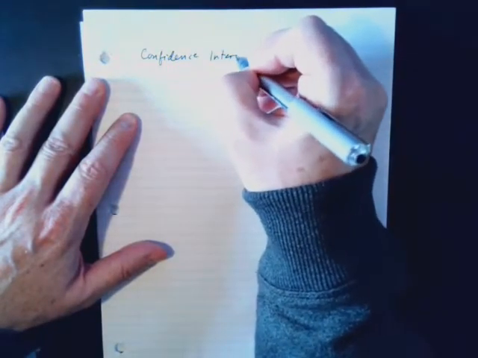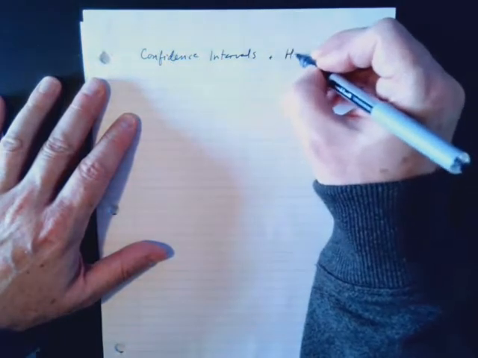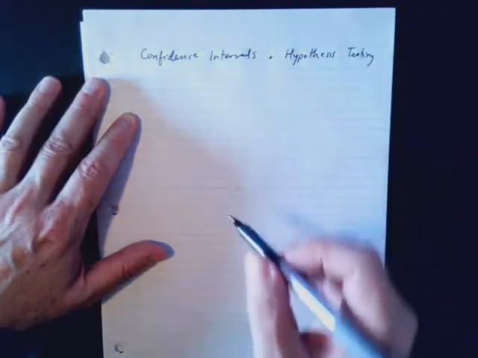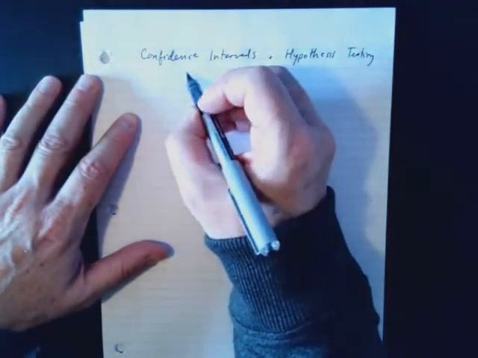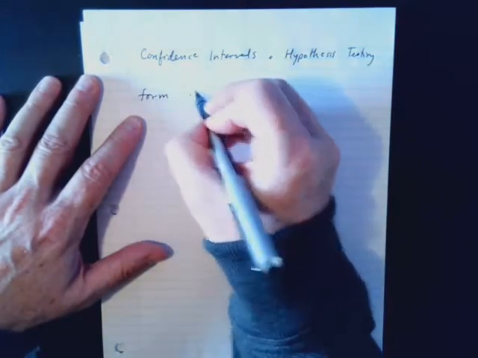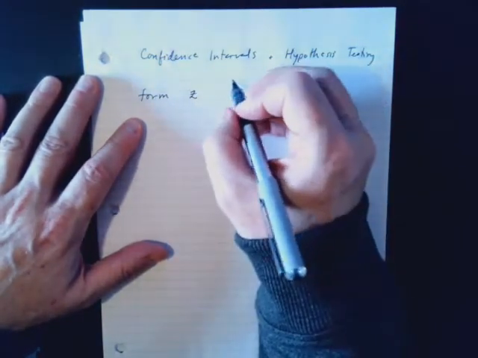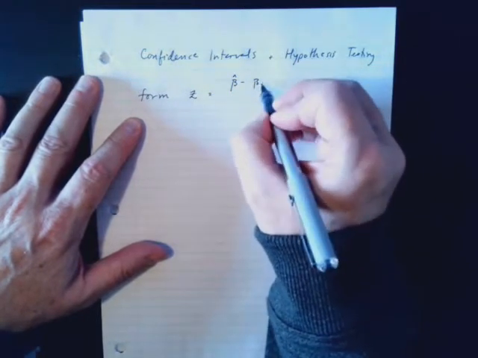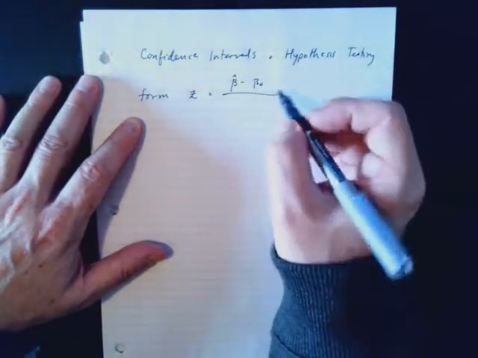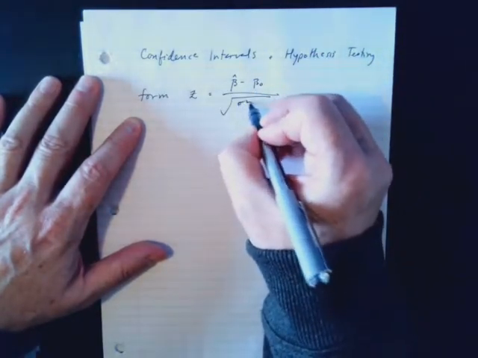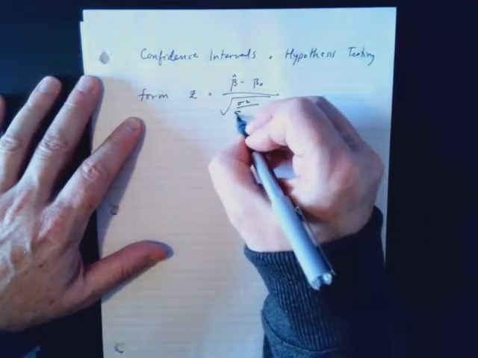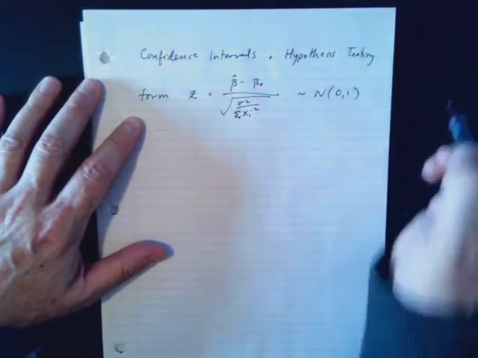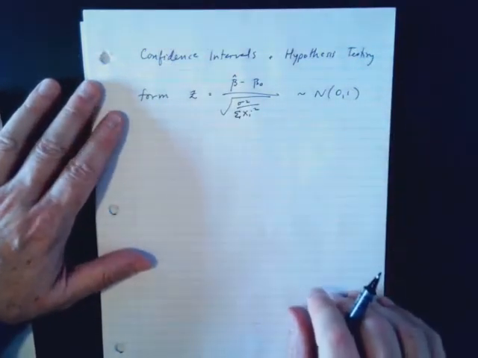Confidence intervals and hypothesis testing. So we've seen before, you have the Z statistic, and that's beta hat minus some hypothesized value, beta 0, divided by the square root of sigma squared over, and in the simple regression case, this is the formula, and we know that that's distributed N(0,1), standard normal.